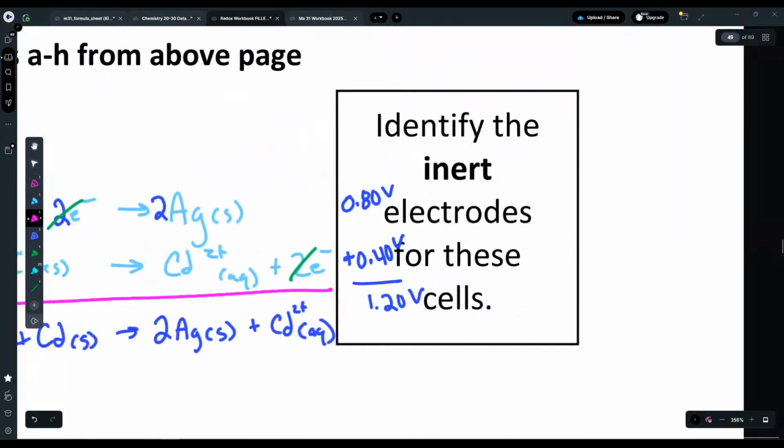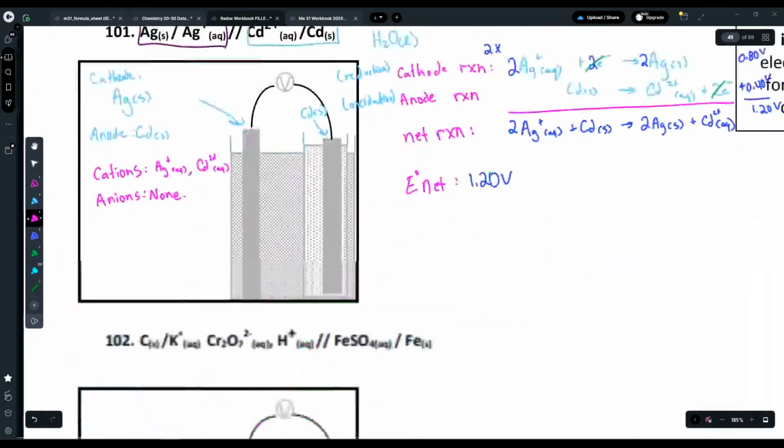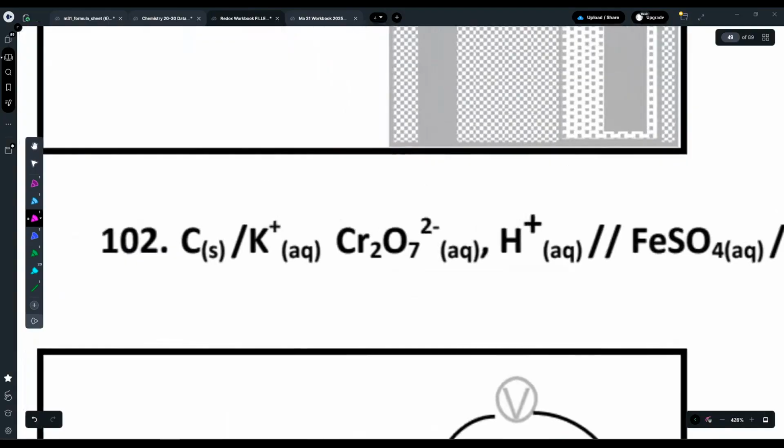Okay, and even if you have an inert electrode in these cells, you still need to identify the inert electrode as either an anode or a cathode. And what's going to determine whether it's an anode or a cathode is going to be what solution it sits in.